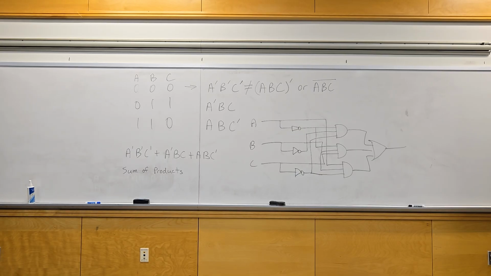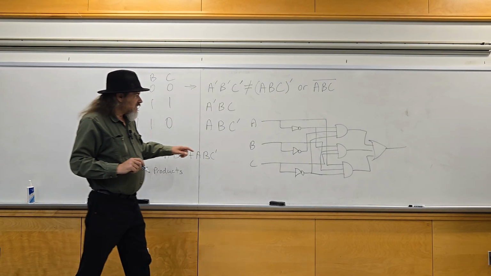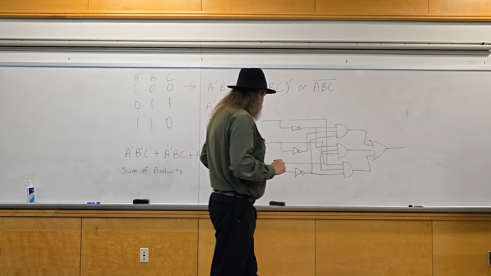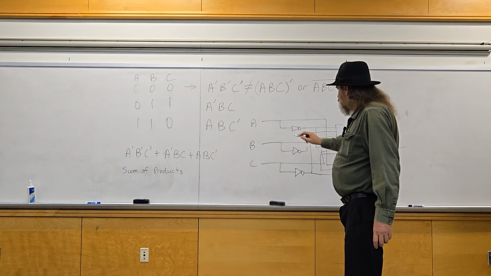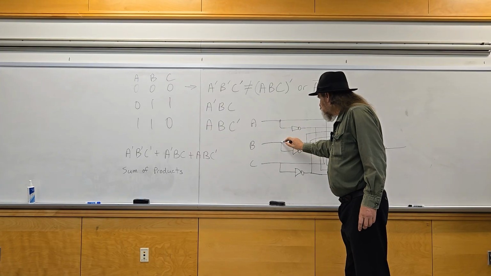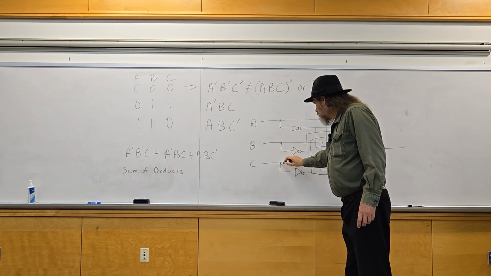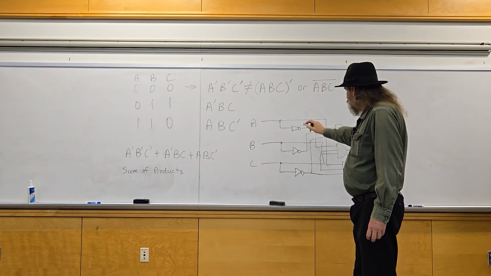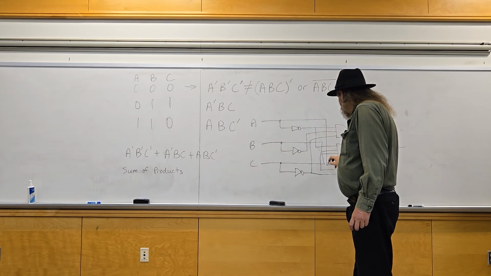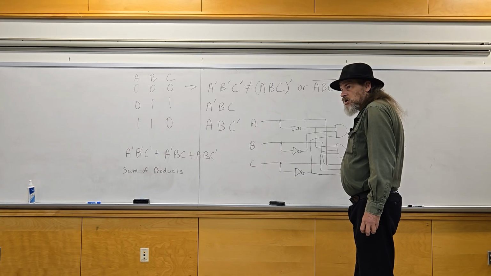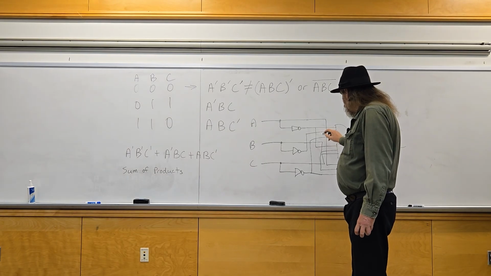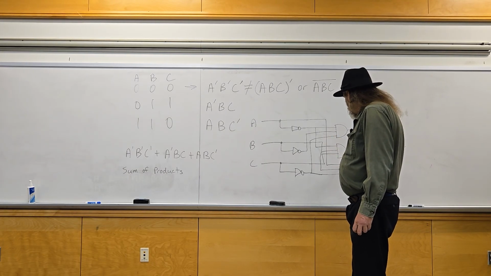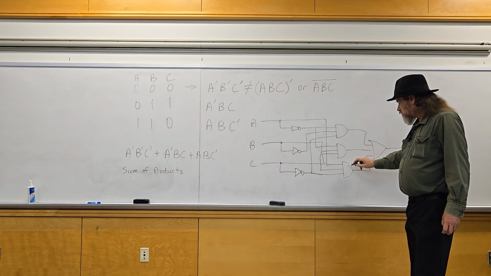Off the inverters or off the first? Which these, yeah, these are connected to the inverters. I'm saying the top line. It's not going to the inverter. This one? Oh, that's your regular A input. That's going to, for example, this last AND gate here.